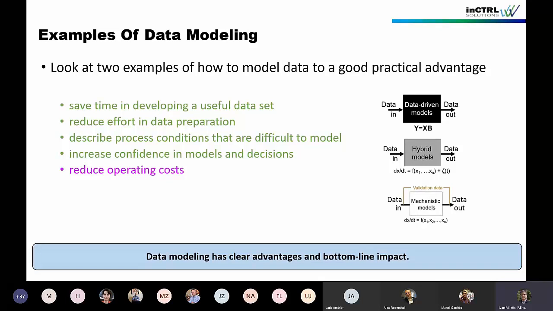And then in terms of the plant operations, you can think about targeting operating costs and increasing efficiencies of various kinds, depending on what your data study is going to be related to. These are the kind of advantages that we're targeting with applications of these methods.